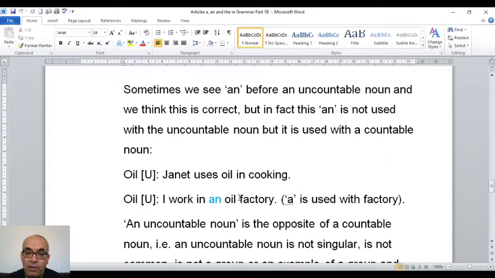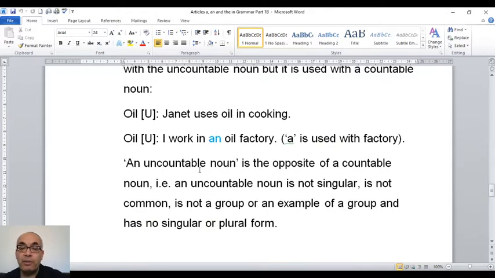I use an because I have factory, and I cannot say in English a oil. I can say a factory, but if I put oil I have to say an oil factory because O is a vowel. So I repeat, you see an before oil, but this an is not for oil, it is for factory.